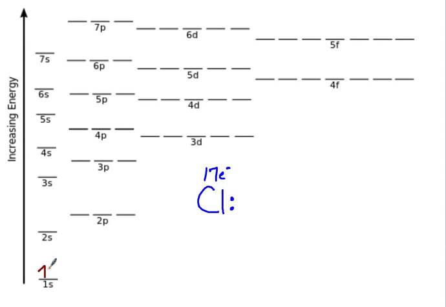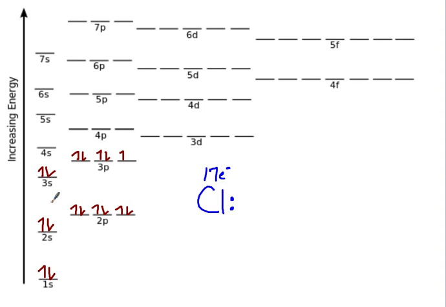So that's 1, 2, 3, 4, 5, 6, 7. Notice I went all the way through before doubling up. 8, 9, 10, 11, 12, 13, 14, 15, 16, 17.